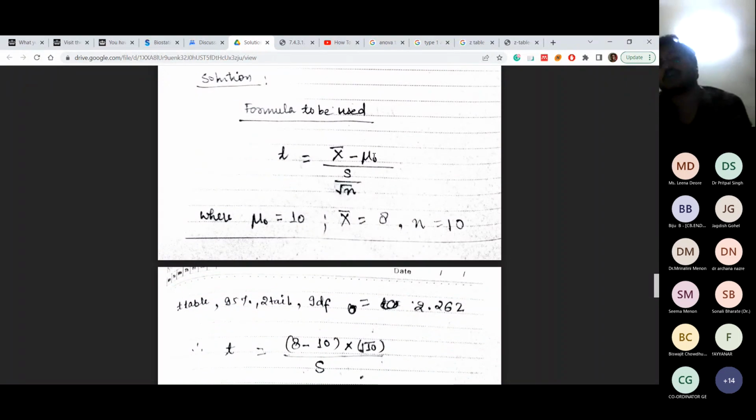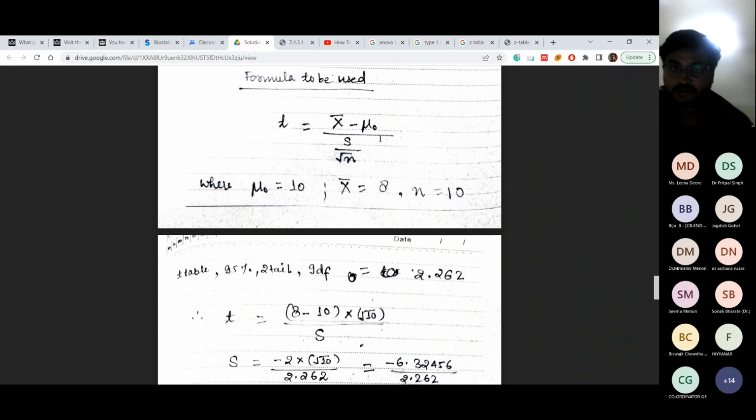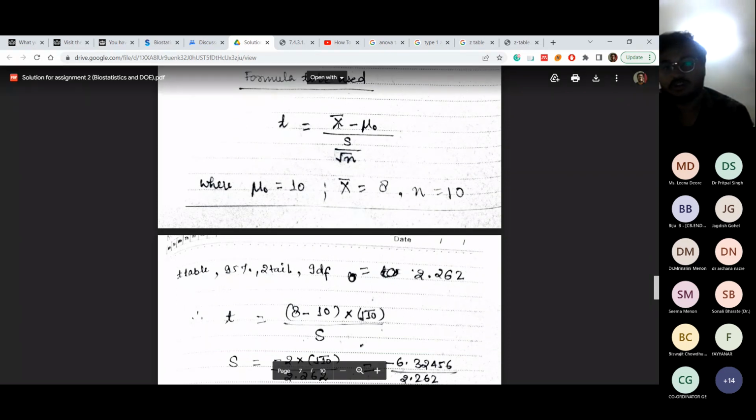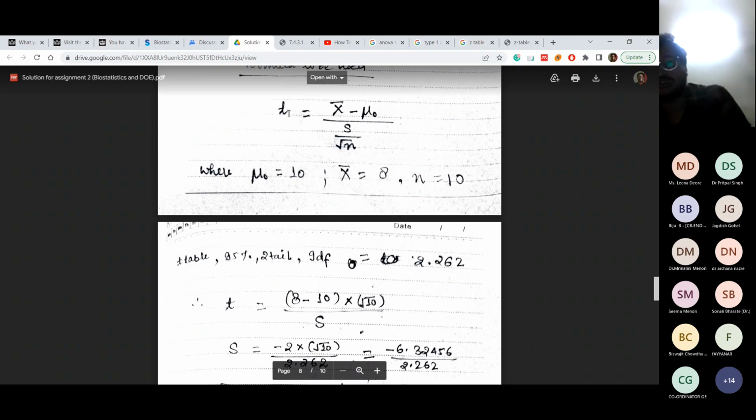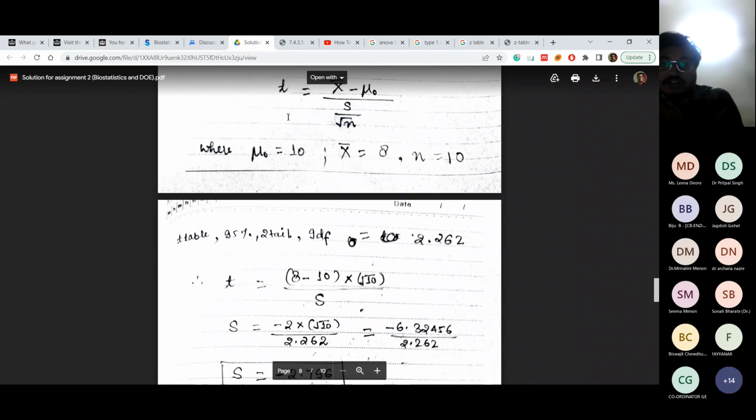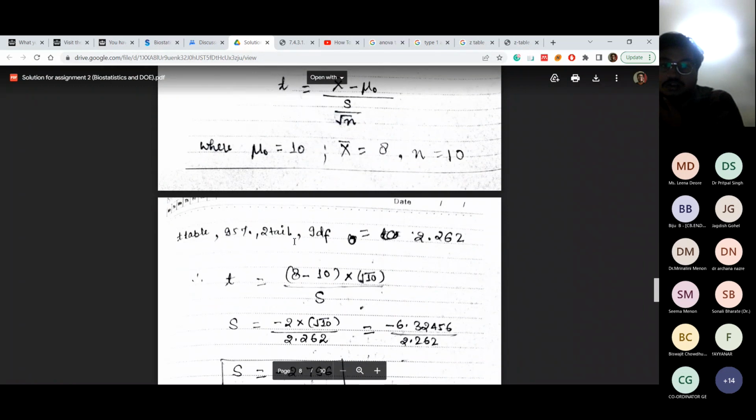So we do a t-test at 95% confidence interval, where we know the population mean is 10. We compare it with the sample. We know the X bar, which is the sample mean. We want to know S, which is the standard deviation.